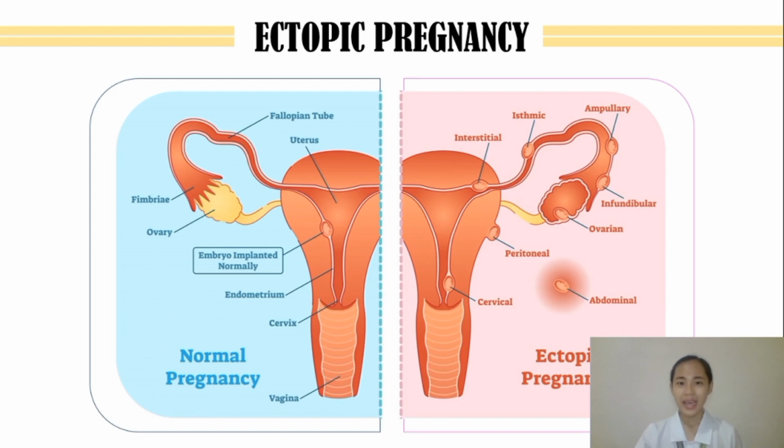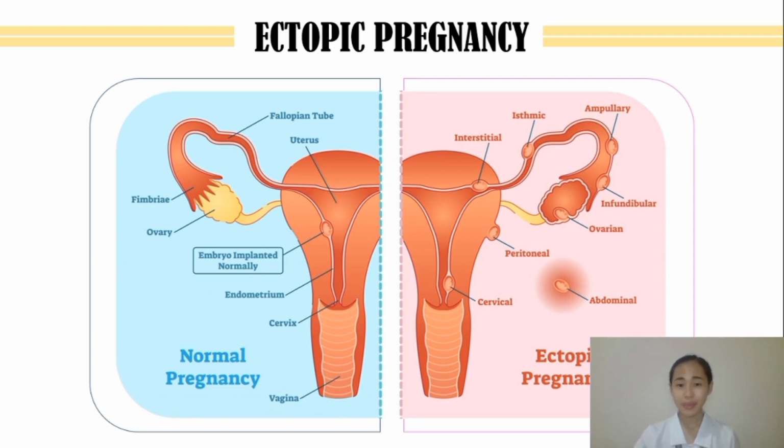Here, I have compared an ectopic pregnancy from a normal pregnancy. In a normal pregnancy, a fertilized egg normally implants in the uterus, while in an ectopic pregnancy, a fertilized egg is implanted outside the uterus.